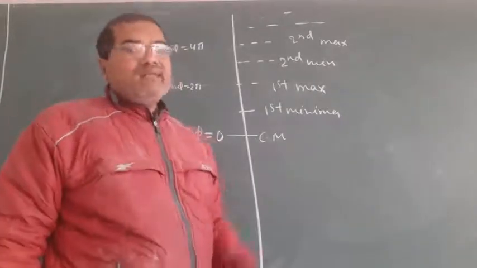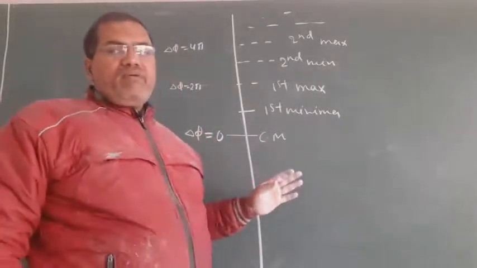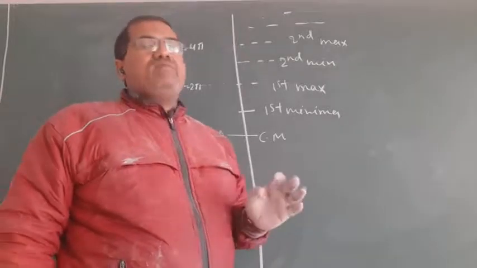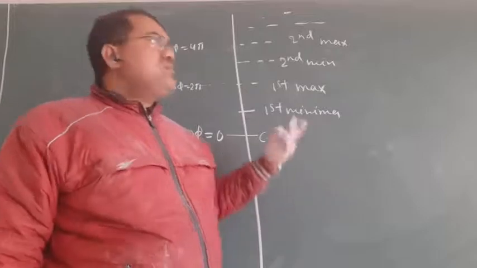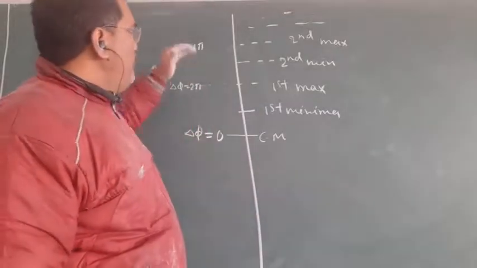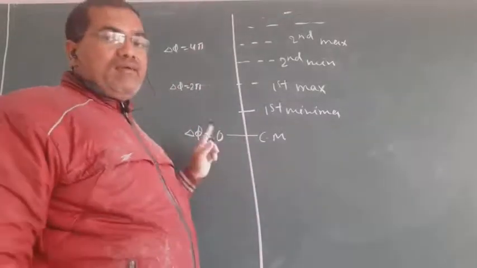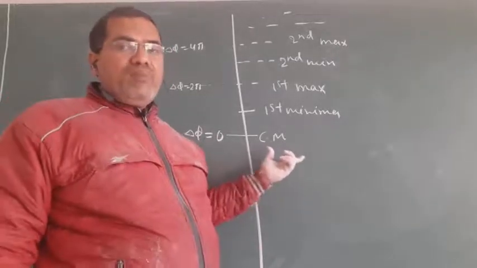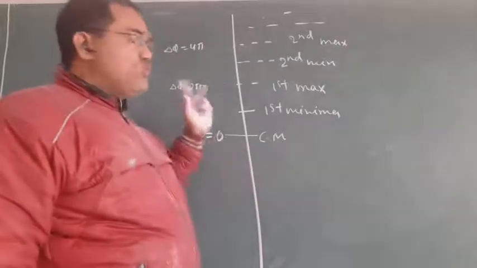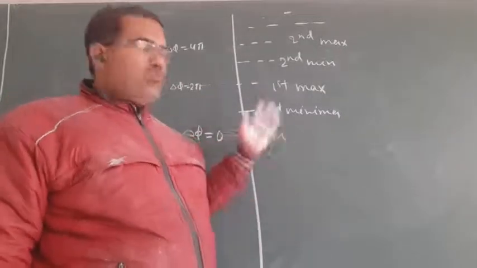We have already seen that maxima are obtained when two waves interfere at phase difference 0, 2 pi, 4 pi, and so on. At phase difference 0, the central maximum is obtained. At phase difference 2 pi, the first maximum is obtained, and so on.